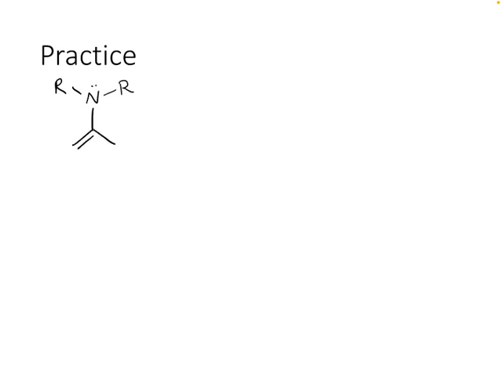So there's our enamine, and then we're going to add catalytic acid as well as excess water. Okay, but again, we're going to try to draw the mechanism down below. So feel free to pause the video and try this on your own first, and then when you're done, we'll go over it together.